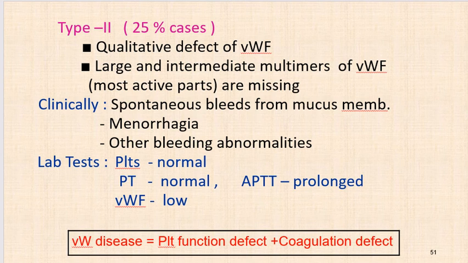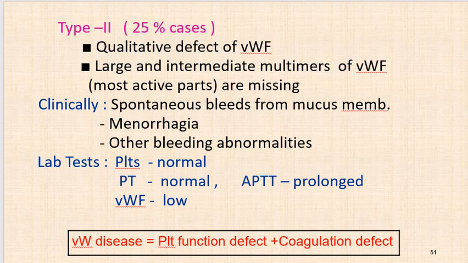The lab tests will show platelets normal, prothrombin time normal, APTT will be prolonged, while von Willebrand factor assay will show a lower level of von Willebrand factor.